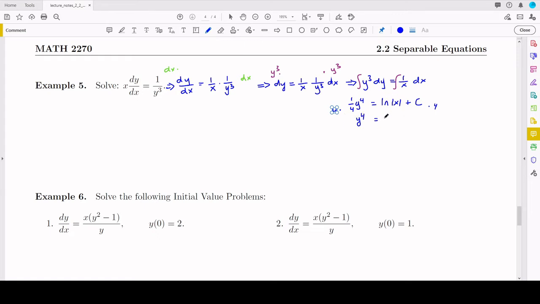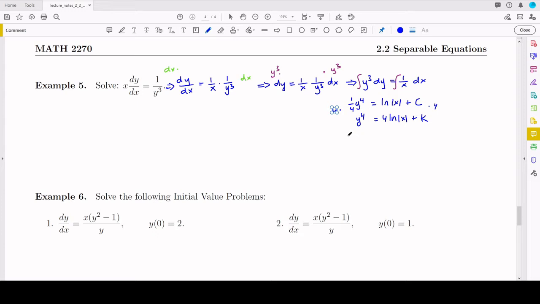And on the right, I get 4 times ln of x plus 4c, but I can give that a new name since it's a constant as well, so that's k. So now I have y to the power 4 equals 4 times ln of x plus k.